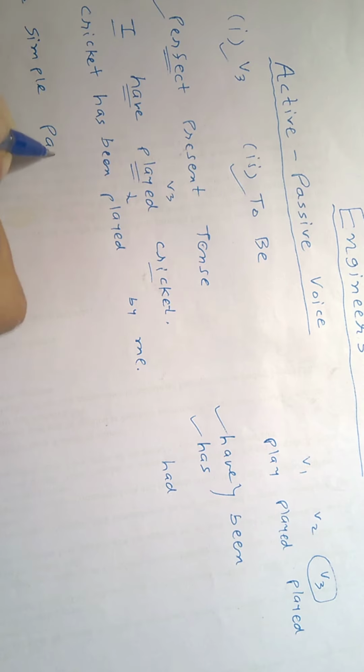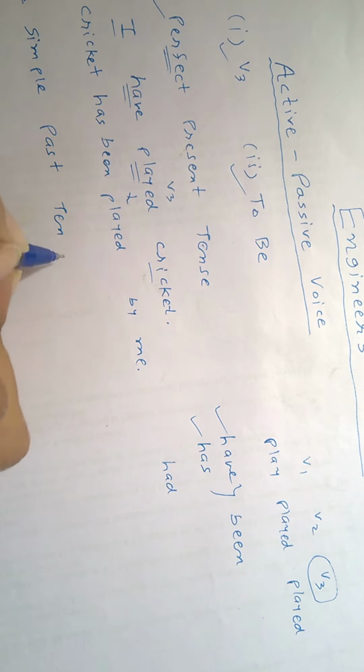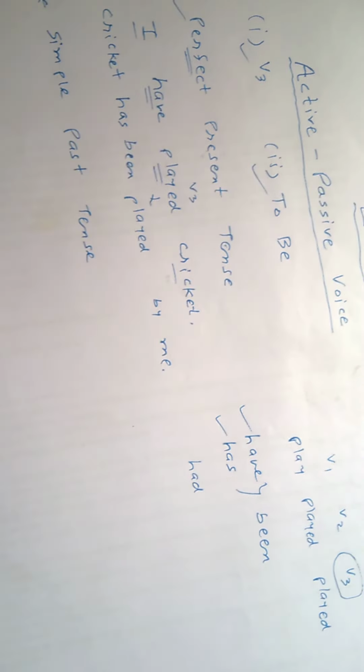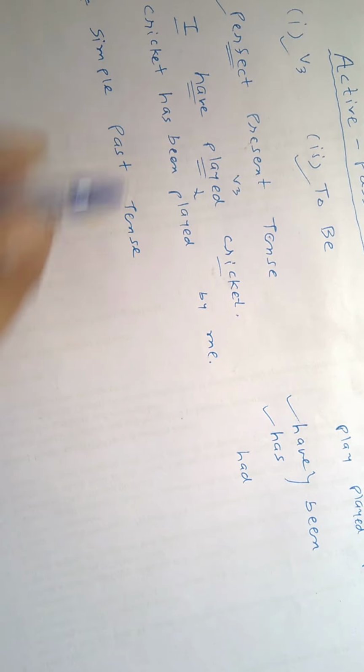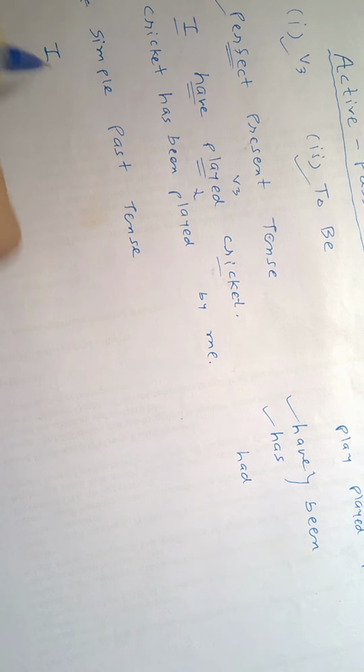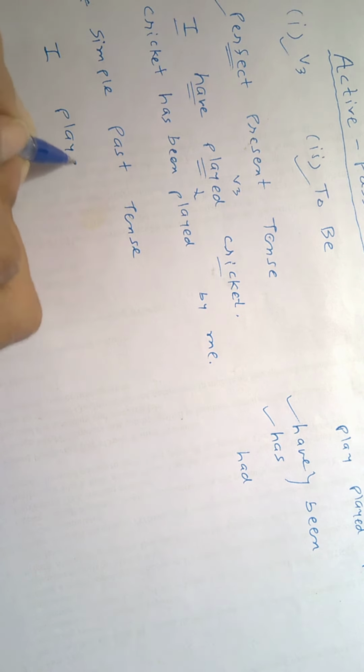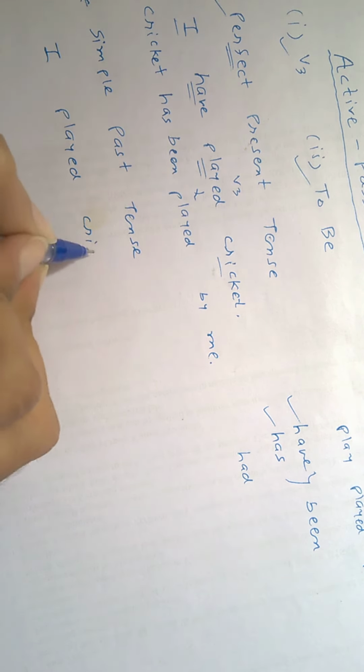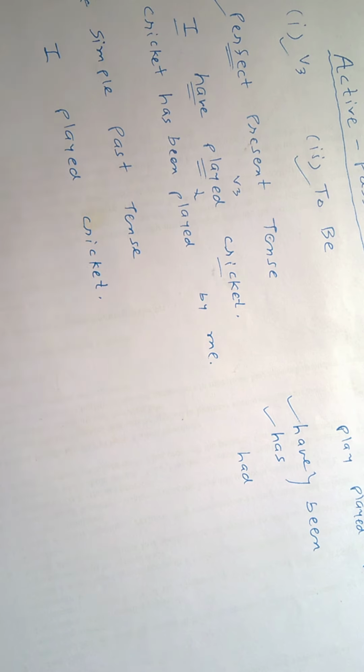Now we will see the example for simple past tense. I played cricket. Here we clearly see that in this simple past tense we have not used any type of to be.